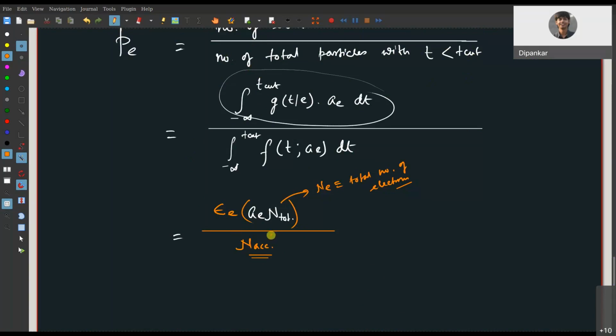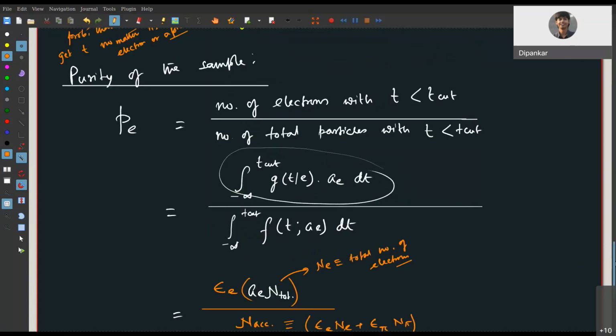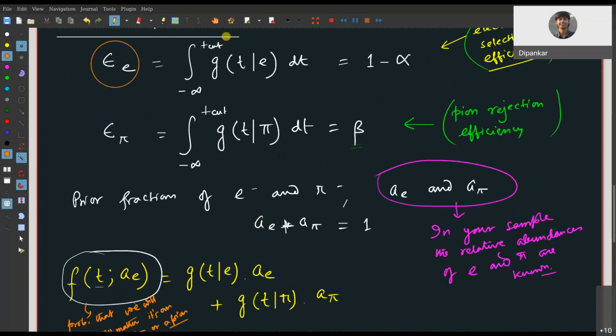This is equivalent to epsilon_E N_E plus epsilon_pi N_pi. So you can measure this experimentally. The epsilon_E is something that you are choosing here, and it depends on your T cut.